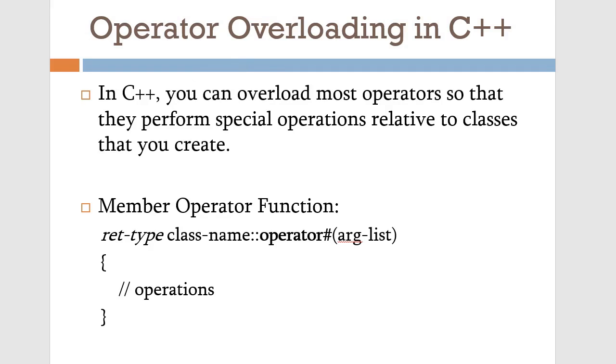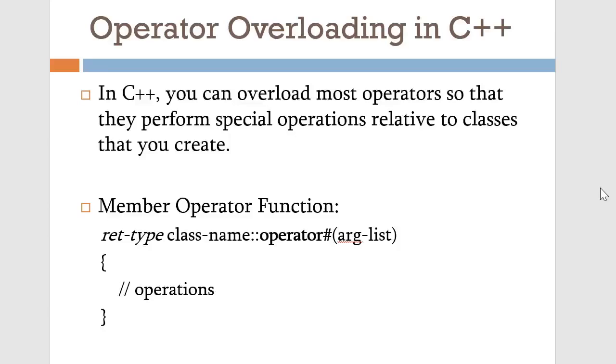First, in C++ you can overload most operators so that they perform special operations related to the classes and objects that you create. That means operator overloading is basically related to the classes and objects that you create in your program. For example, plus is an arithmetic operator which performs addition, but you can reuse this operator for the same purpose in relation to classes or objects.